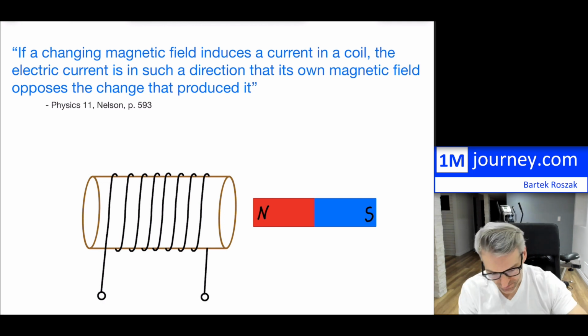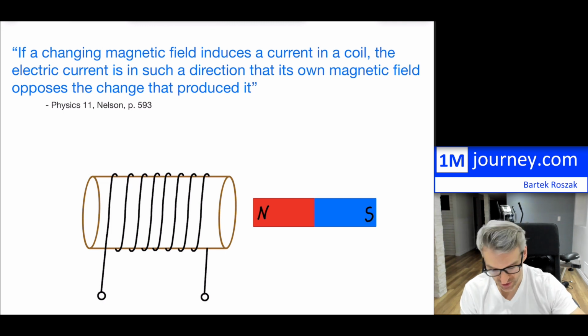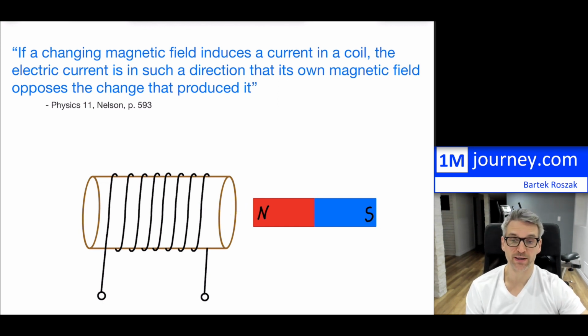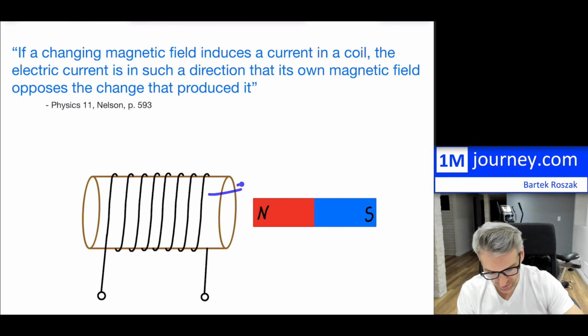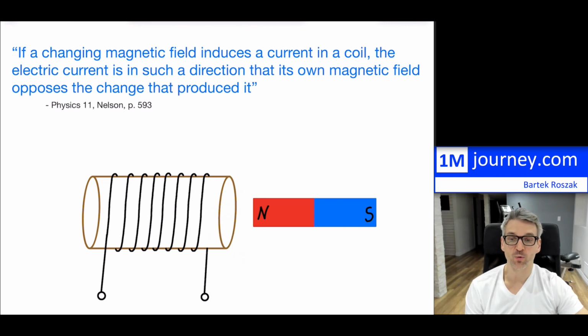So within here, if you're going to be moving this in this direction, and it wants to oppose, a magnetic field that would oppose the change would have to flow in the opposite direction in order to oppose it. But if you have a magnetic field that would try to oppose this, meaning it would try to flow out in this direction, then what does that tell us?